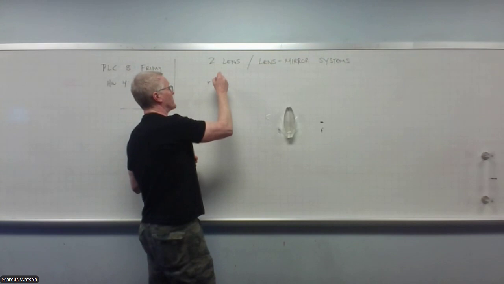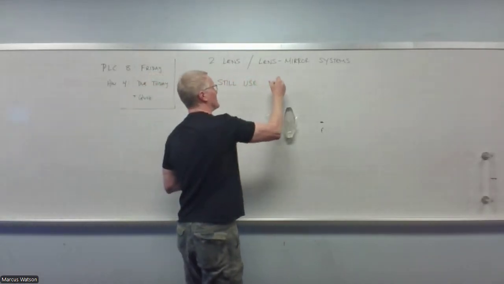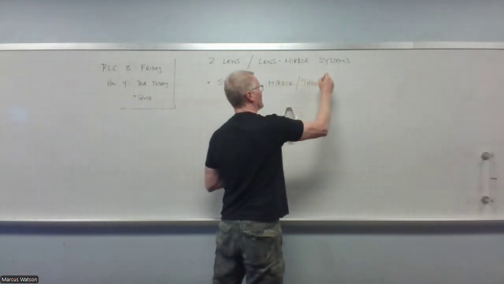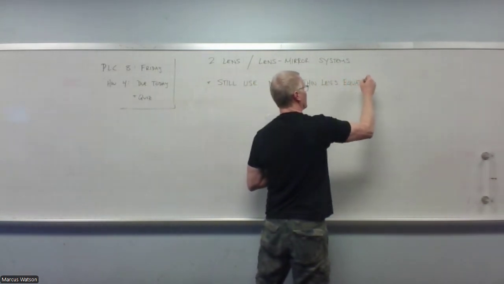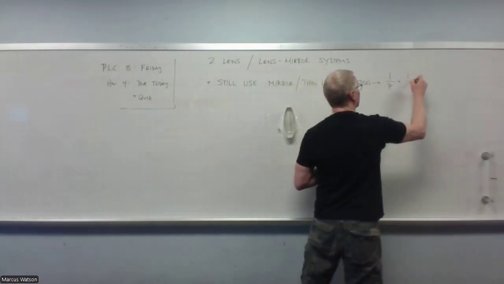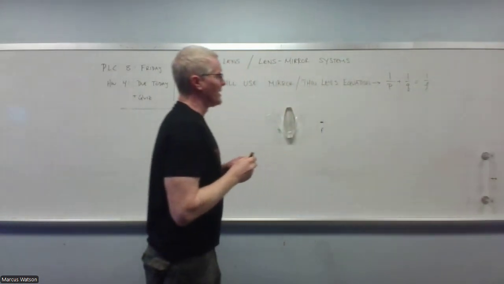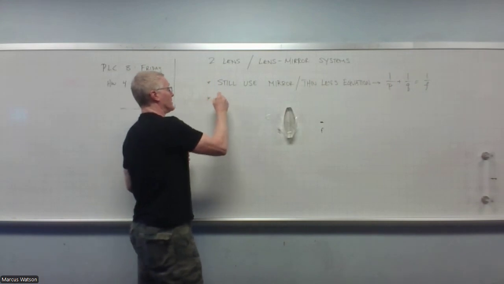So we can still use the mirror or thin lens equation, in which we take the image and work it as the object for the next one.